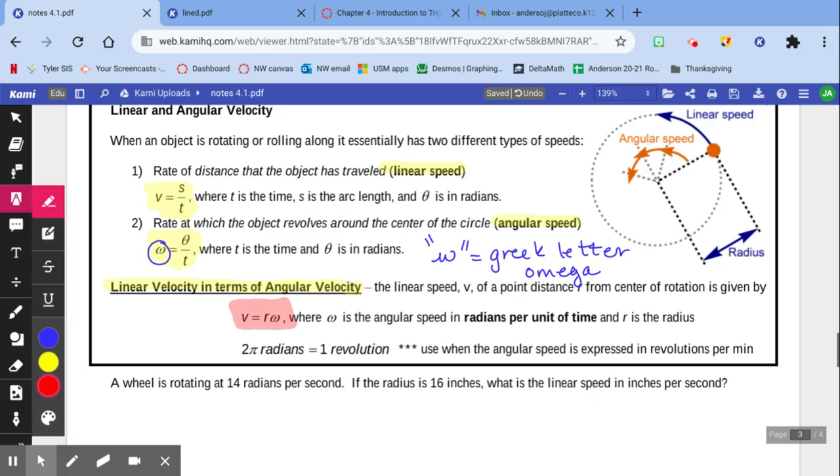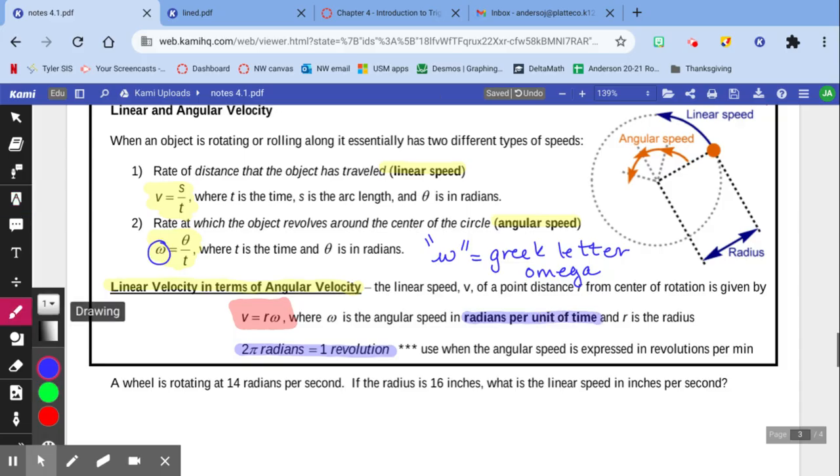Another very important piece of information is that one revolution around the circle represents 2 pi radians. So when we're writing this, it needs to be in radians per time.